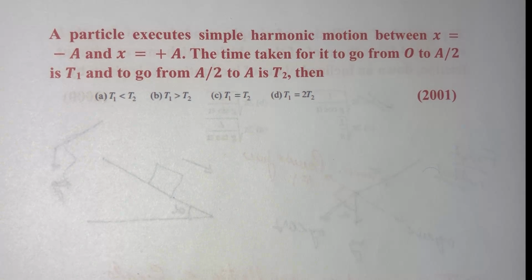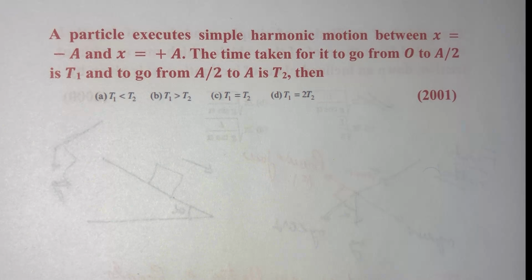In the second and third methods, we use integration, which gives us the exact relationship between t1 and t2. In the first method, we can only identify whether t1 will be greater than t2, or t2 greater than t1, or they will be equal.